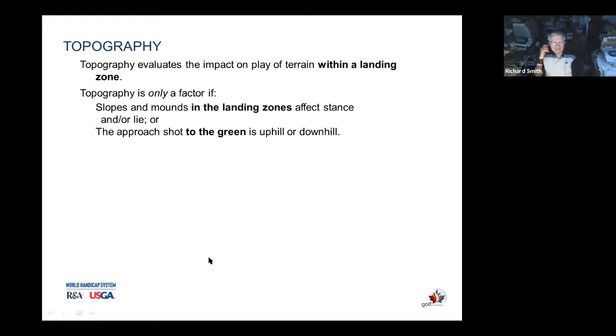So it amounts to if there are slopes or mounds in the landing zones that affect your stance and or your lie, or if it's an approach shot that's going to go from that landing zone to the green, then is it an uphill or downhill or a relatively flat shot?